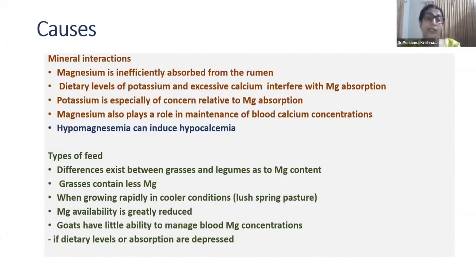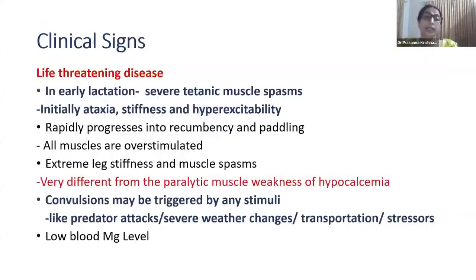So the thing is that goats, this particular species of animal, have very little ability to manage blood magnesium concentrations if dietary levels of absorption are depressed. That means the animal has less capacity to adjust to the conditions. So that is why they are more prone to this hypomagnesemia condition.